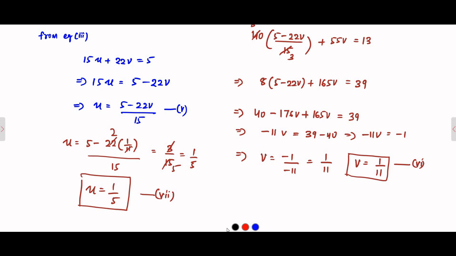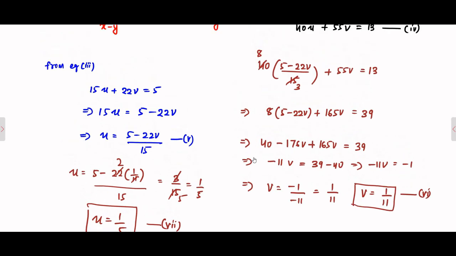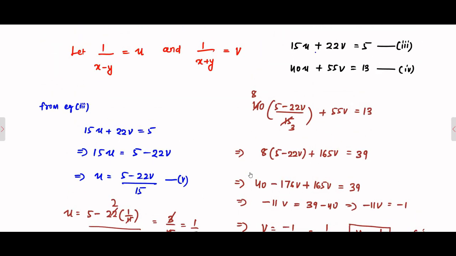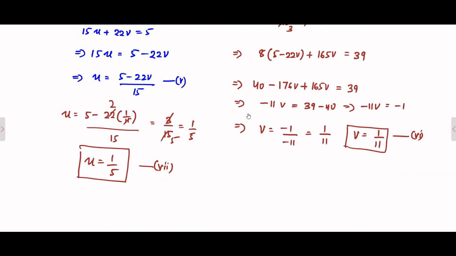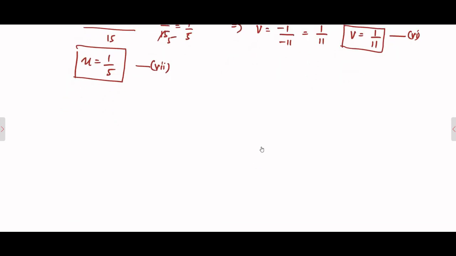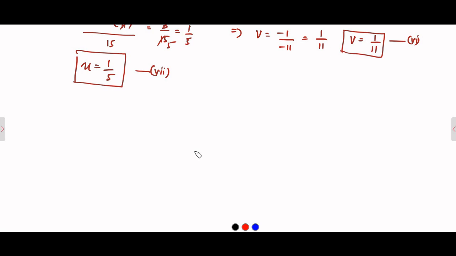Now our objective is to calculate the value of x and y. So we have to go to the original substitutions part. 1 by x minus y is equal to u, which we calculated is equal to 1 by 5, and 1 by x plus y is equal to v, which is equal to 1 by 11.